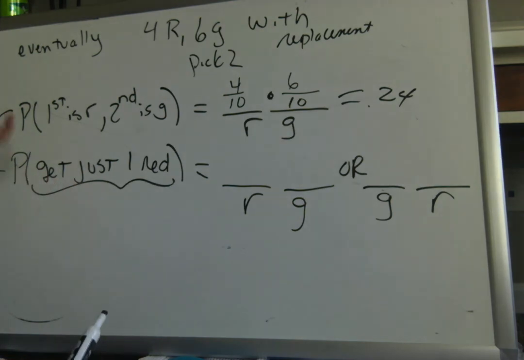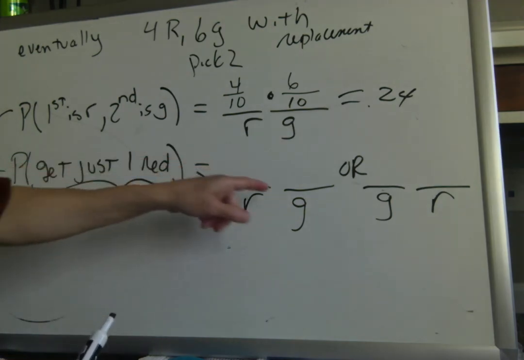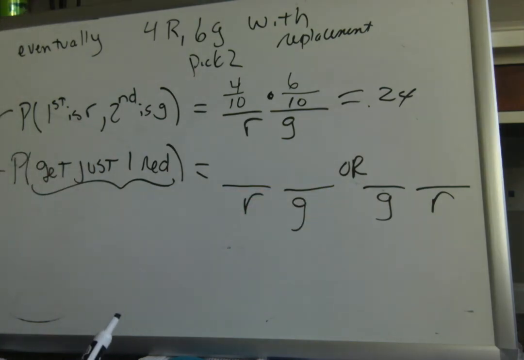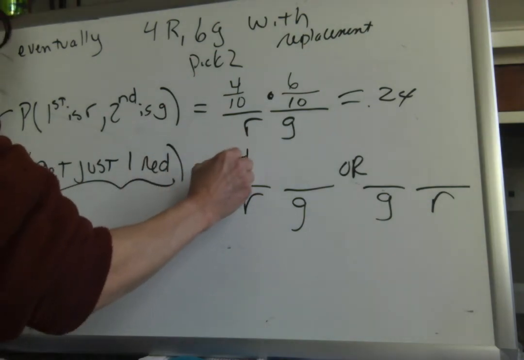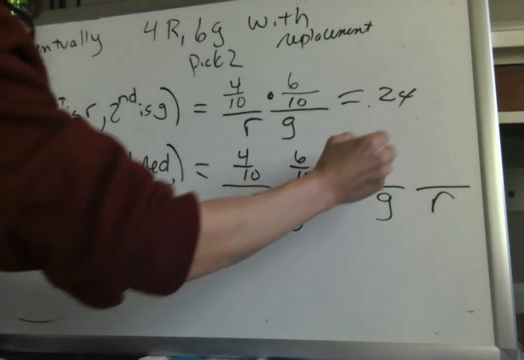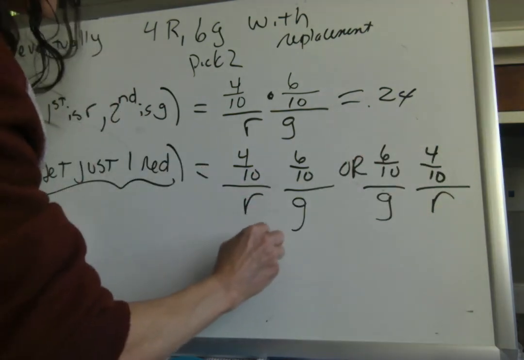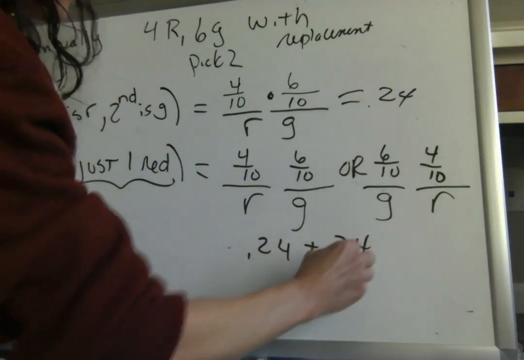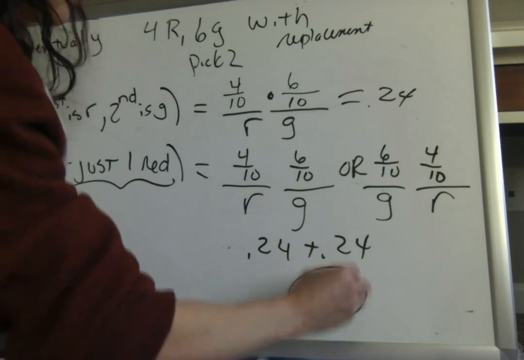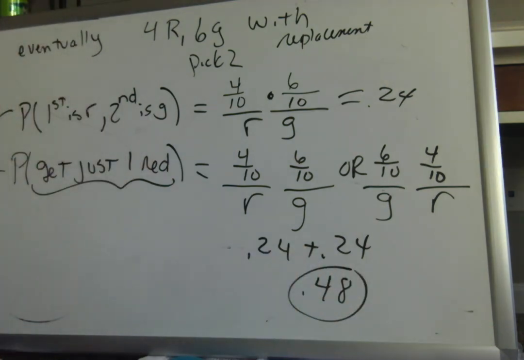And if you look back at the tree diagram from a few minutes ago, you're going to see how both of those came up in the sample space. So I have to do both cases. Red, green, green, red. And here's that 0.24 plus 0.24 or 0.48, which we had filled out just a minute ago looking at our tree diagram.